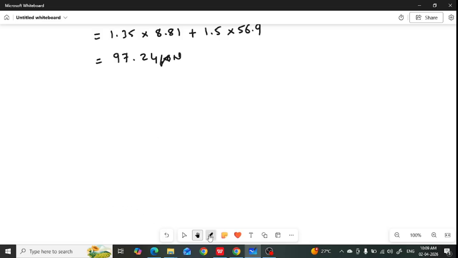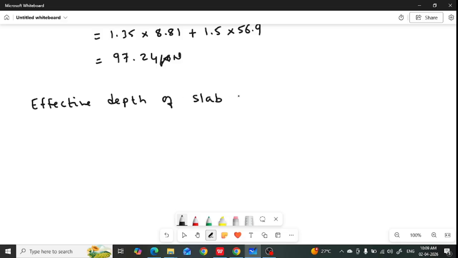Okay. So we know that formula. If you have the knowledge of RCC, you will get this formula: effective depth of slab required. Okay.